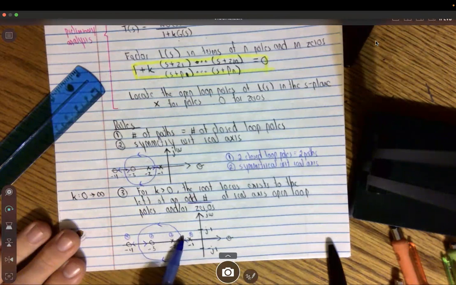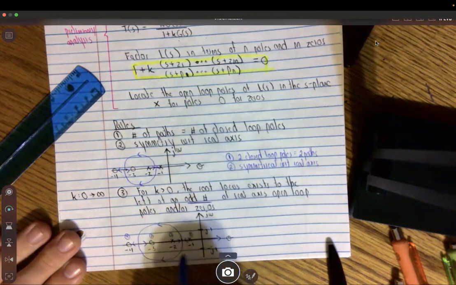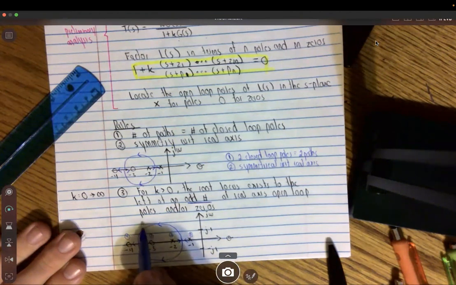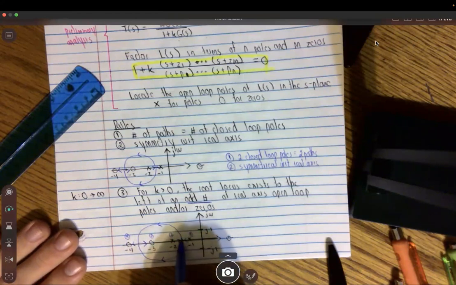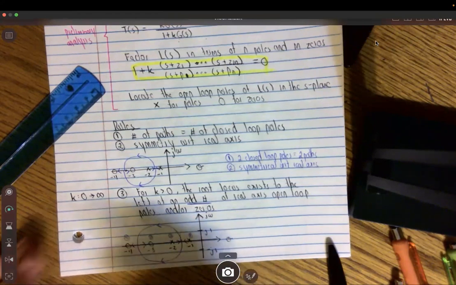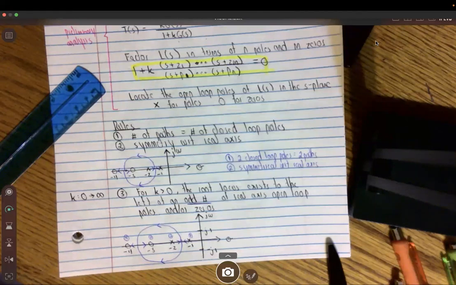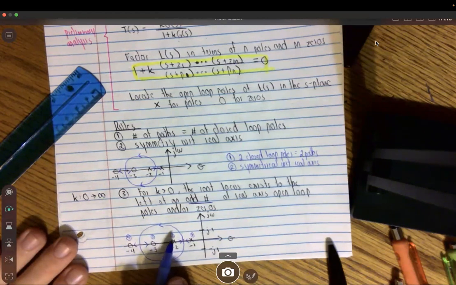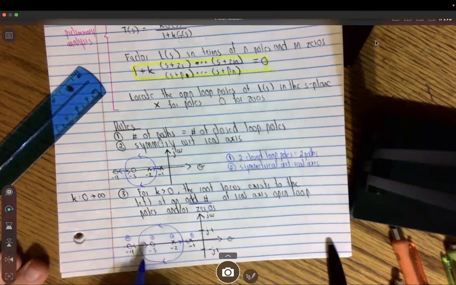It was only there to the left of this odd number pole where it broke out from the real axis, and where it broke back into the real axis, it was to the left of an odd number. And so the odd number 0 here was 3. So notice that to the left of an odd number, it's going to break out and break back into the real axis. So it doesn't break out or break into to the left of an even number pole or 0. So be careful, make sure it breaks out of an odd number pole or 0.